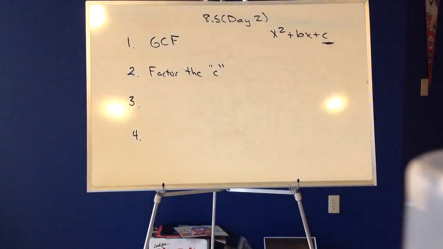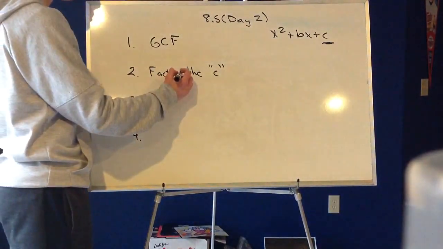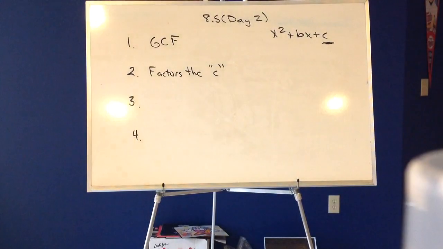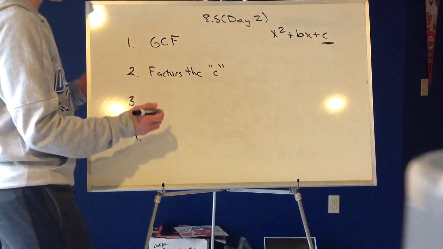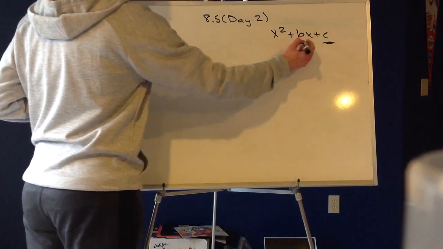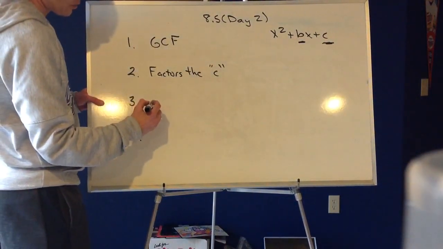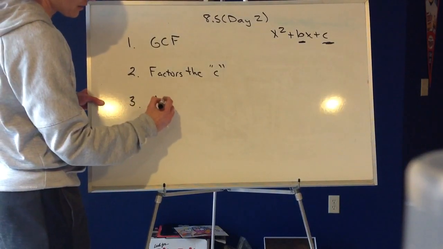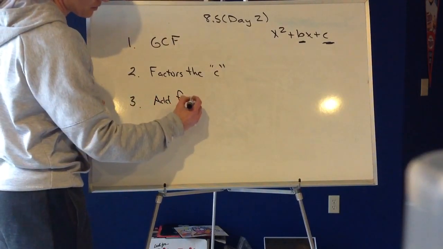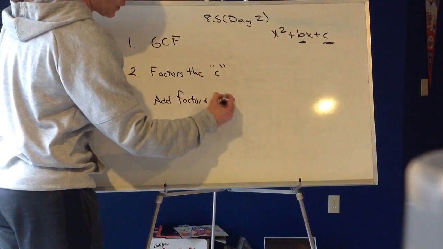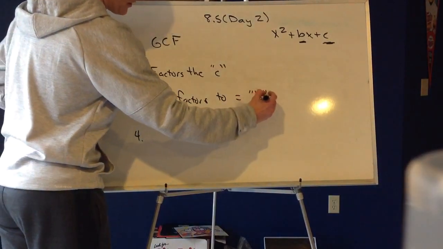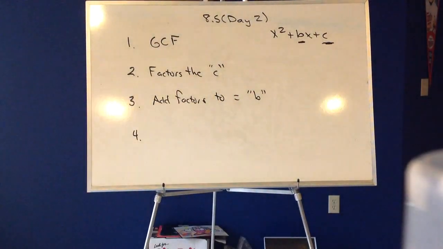Write out the different factors if you need to. If you can do it in your head, I'm fine with that as well. After you do that, you have to find the ones that add up to that middle term. So we're trying to add factors to equal our b. We want those factors to equal the b. That means we found the right combination.